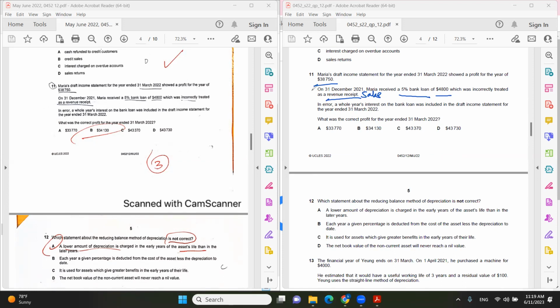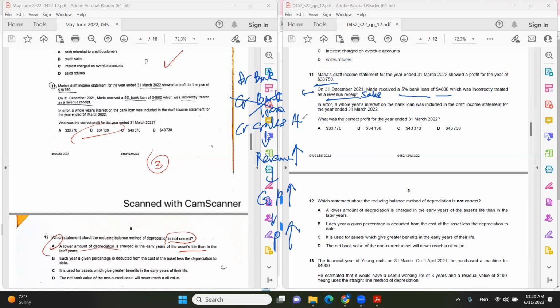The entry should be debit bank, credit bank loan. By right we should do that, but we went and credited sales. Sales is revenue, so revenue increases, gross profit increases, profit will increase, by the amount 4,008.